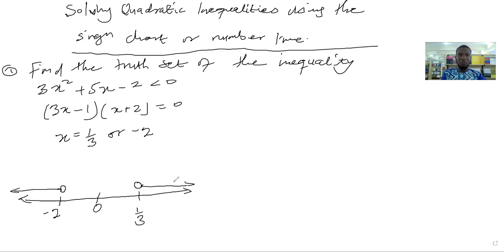How do we determine that? That is where the testing comes in. Sorry, my line is a bit crooked. That's where the testing comes in.